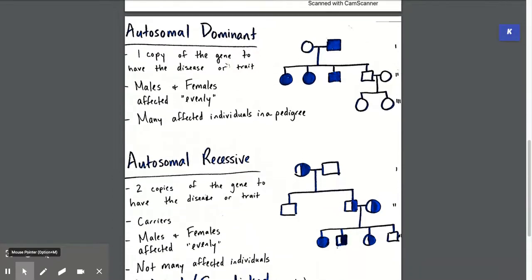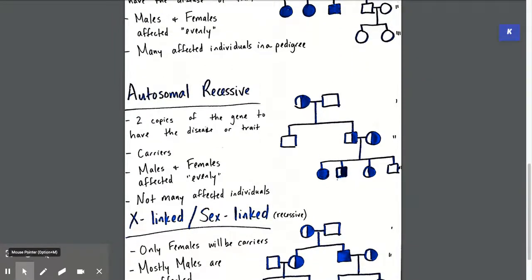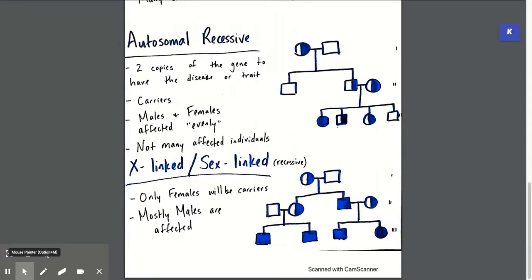In our next example, we're looking at autosomal recessive, and I'm just scrolling this all the way up to the top here. So autosomal recessive pedigrees, that's here. These pedigree charts jump out at you right away that there are half-filled circles and half-filled squares. There is also, in this pedigree here, only one individual that is affected.